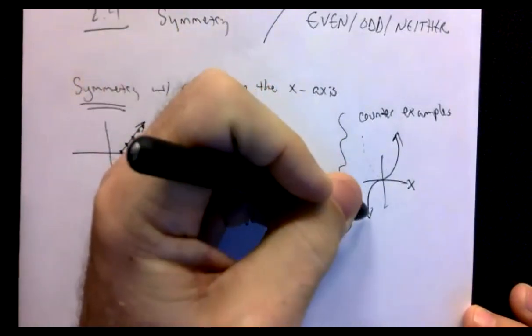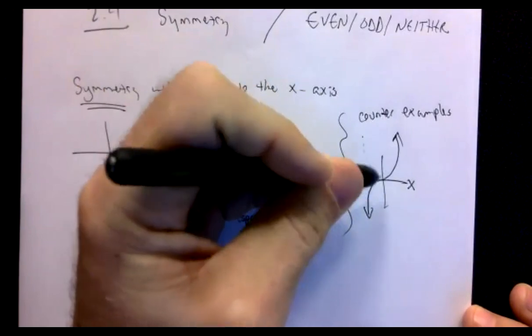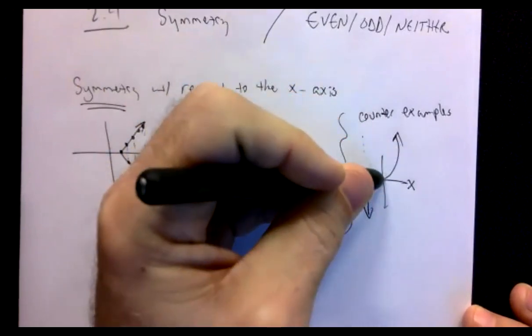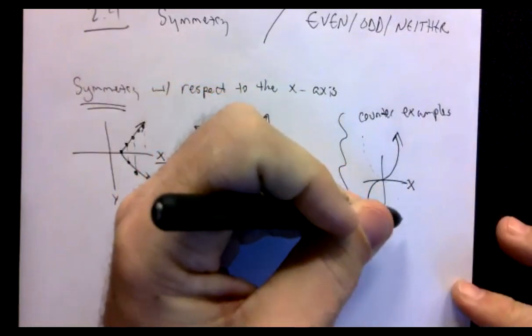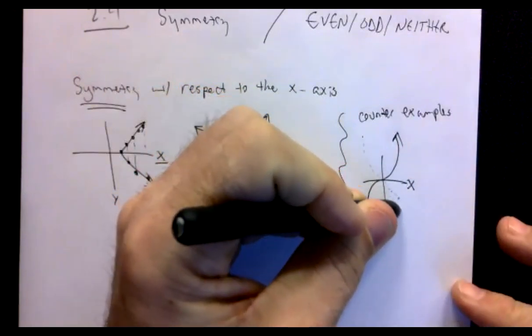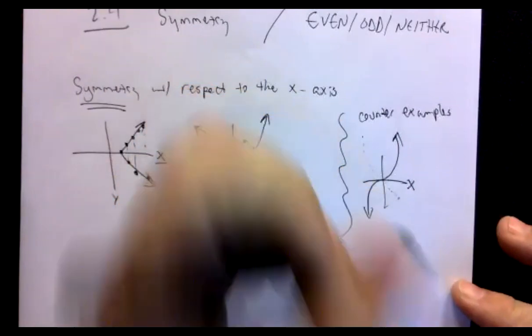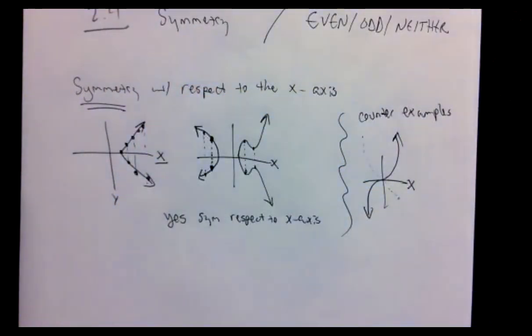So there's no symmetry with respect to the x-axis here, or here for that matter. Same thing, if I folded this one down, it should be over here. But there's no graph over here, so there is no symmetry with respect to x.